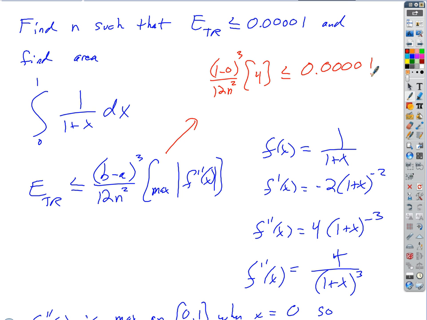If I'm solving for n, doesn't this just become 1 over 3n squared, right? So 3n squared has to be greater than or equal to the reciprocal of that. So what's that going to be? That's 10 to the minus 5, a 100,000th, right? We've got 10th, 100th, 1000th, 10,000th, 100,000th, right?